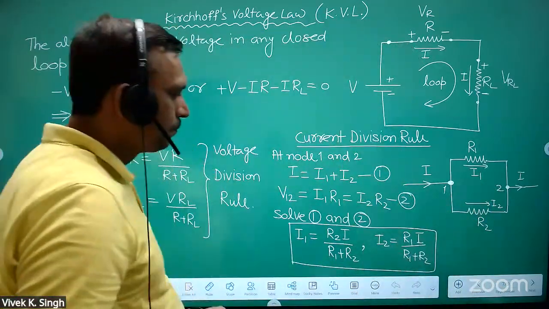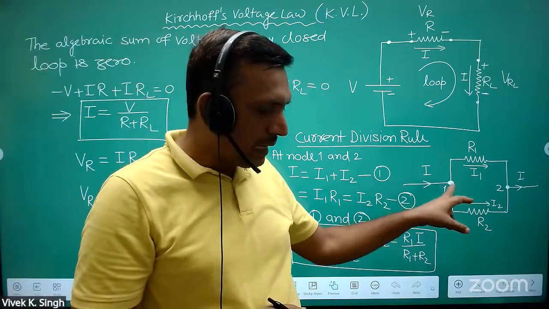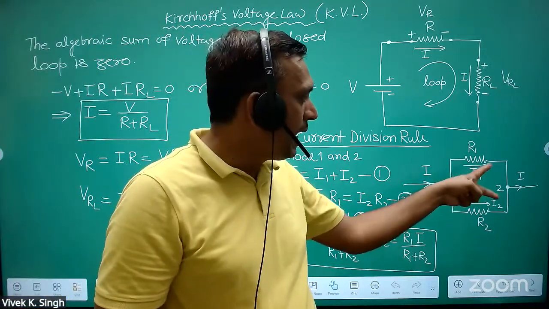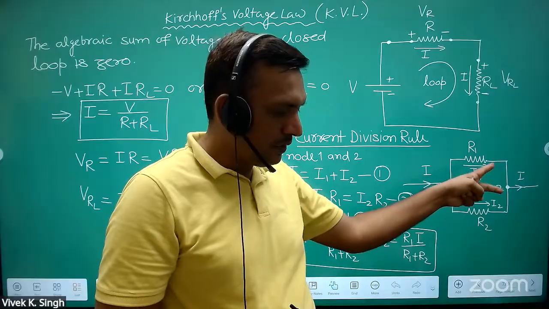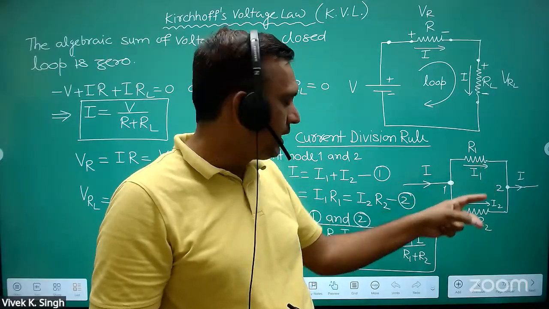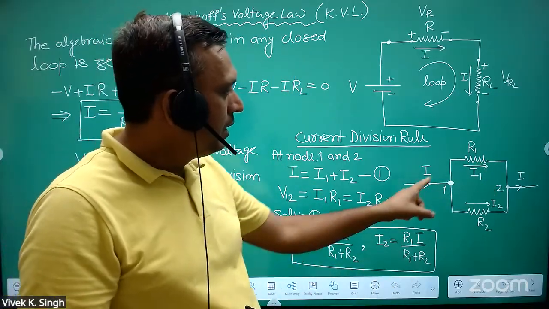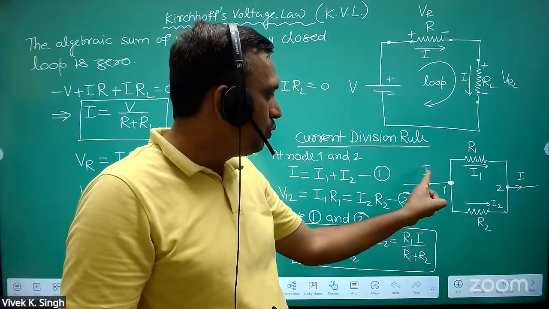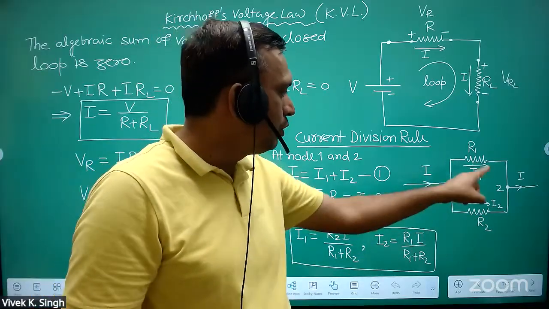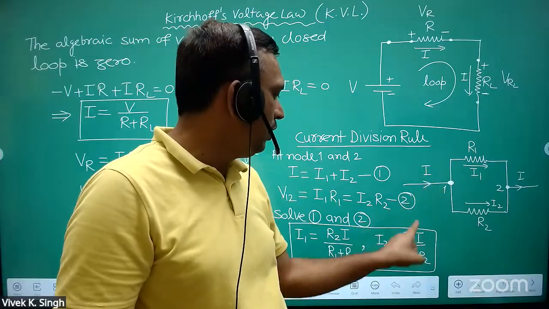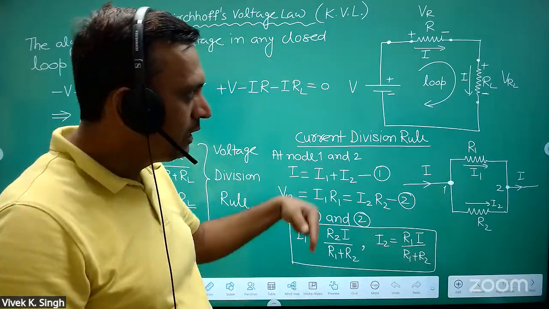Just see, if current I is dividing between 2 parallel resistances, these 2 are parallel resistances. So what will be current I1? I1 is the other resistance R2 into I by R1 plus R2. And I2 is this resistance R1 into I by R1 plus R2. So we can directly apply this.